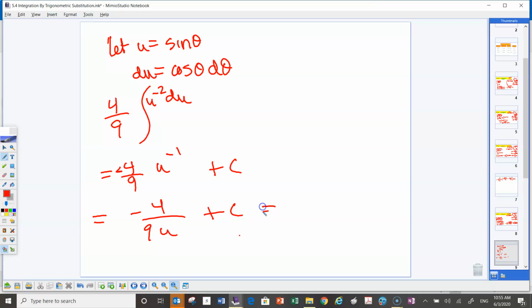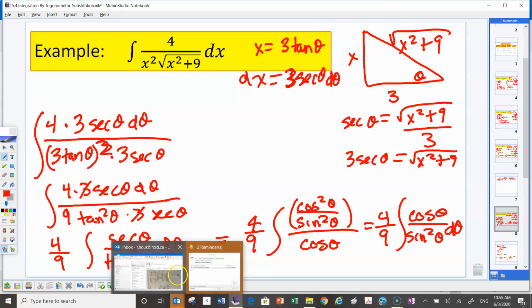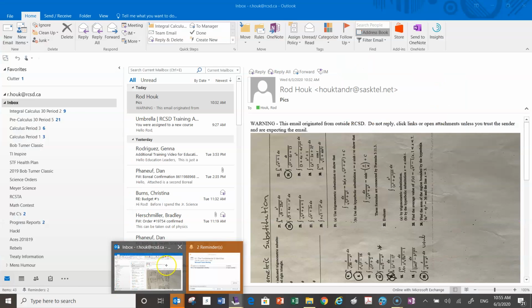And putting back in u, it's negative 4 over 9 sine theta plus a constant. And going back to my diagram, sine theta would be x over the square root of x squared plus 9.